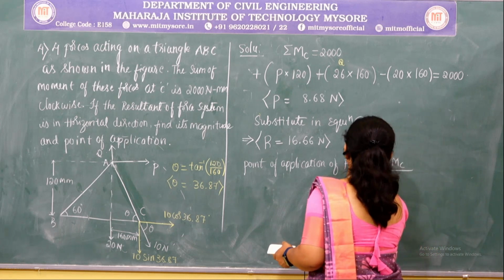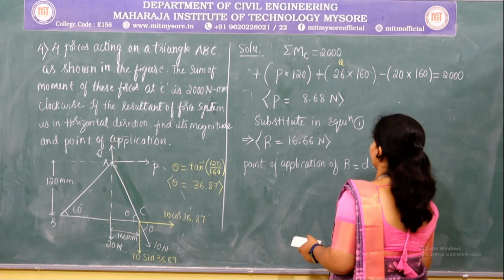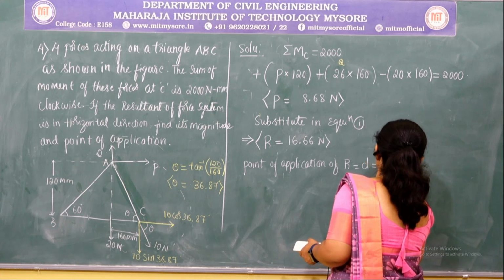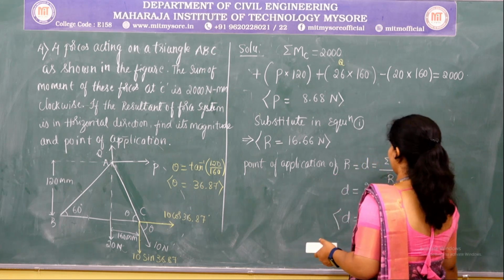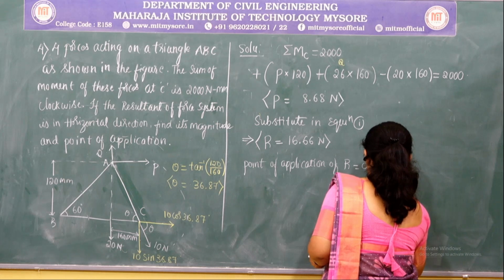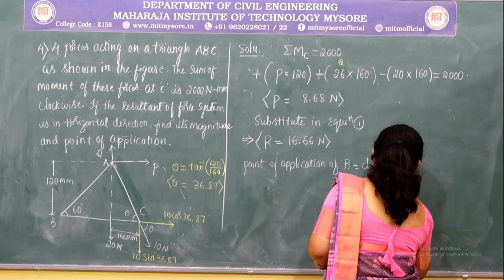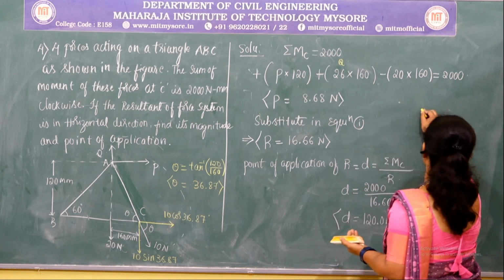So which is equal to 2000 divided by the value of R, 16.66. So we got the value of D as 120.04 mm.